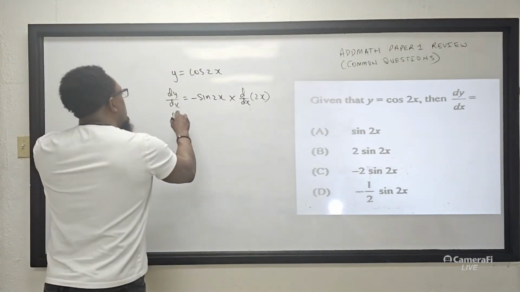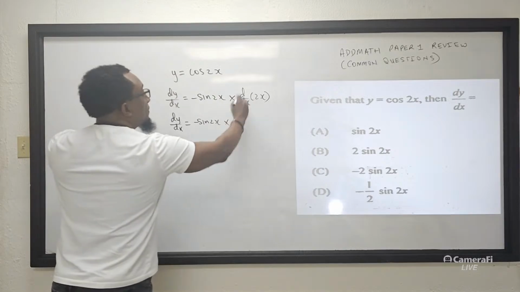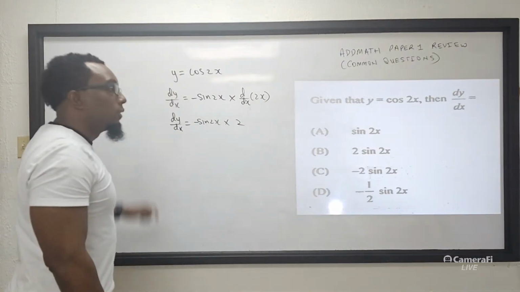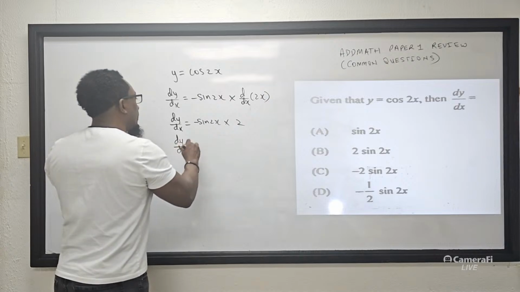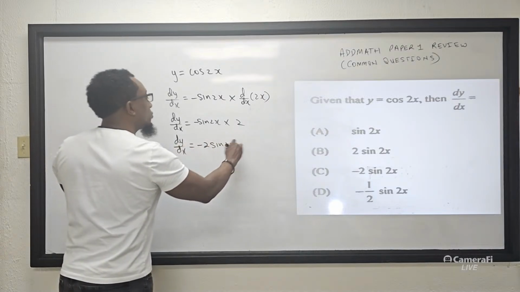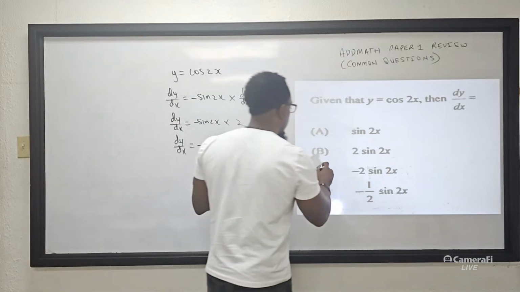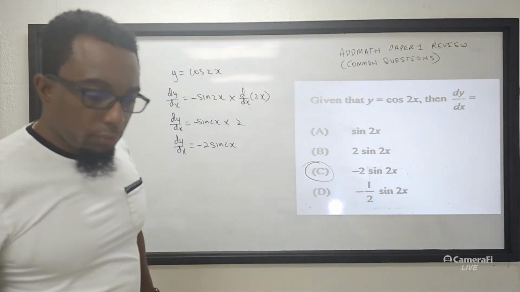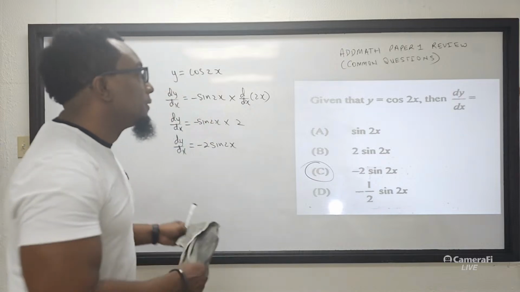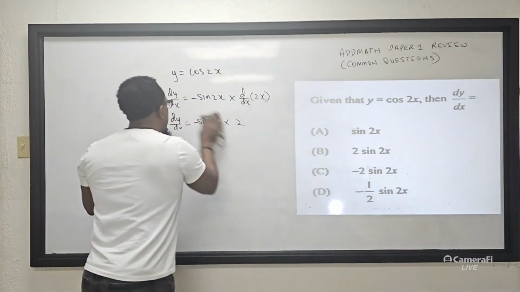So therefore we're going to get dy over dx is negative sine 2x times the differential of 2x is 2, which will leave us with dy over dx is negative 2 sine 2x, whose answer there is C. Okay? So making sure we know how to differentiate. Alright, let's look at the next.